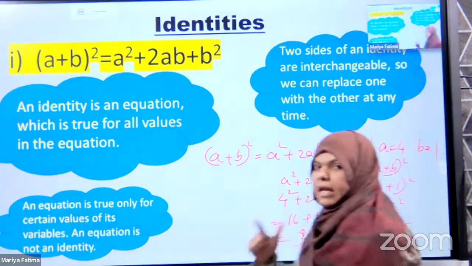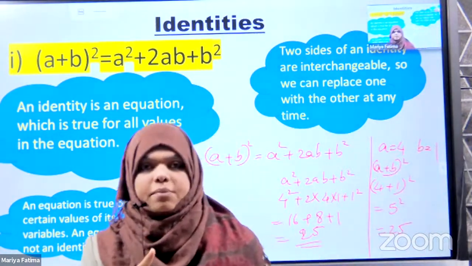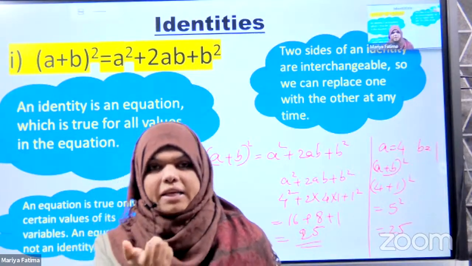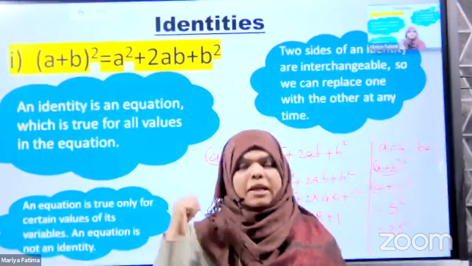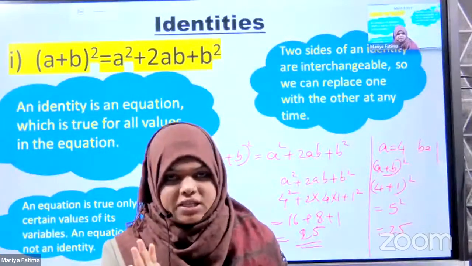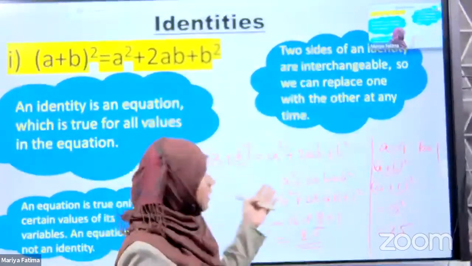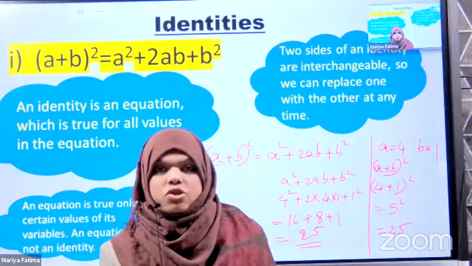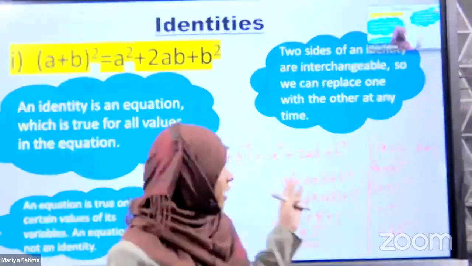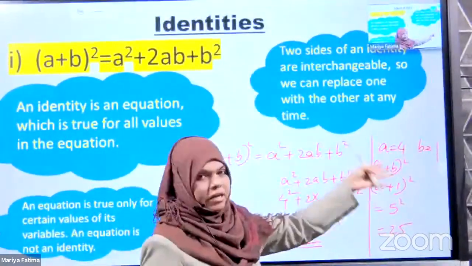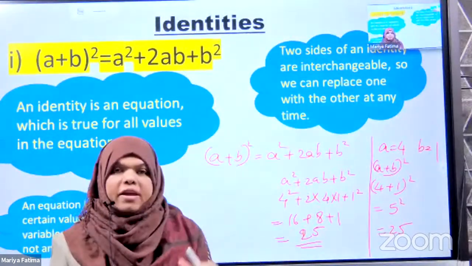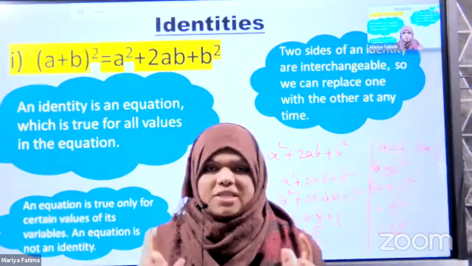Yes. In an equation, we can substitute only one or certain values of a variable for the equation to be satisfied. But in an identity, we can take any values of the variables. If we substitute those values in this identity, we always get LHS and RHS equal.